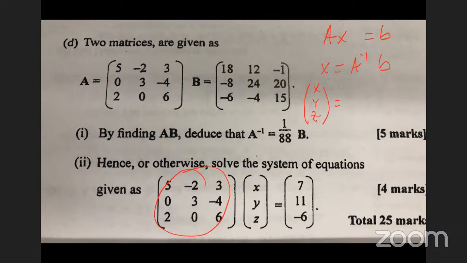The inverse is 1 on 88 by B, and then multiply it by 7, 11, minus 6. That's the technique that I would have used in Form 5.